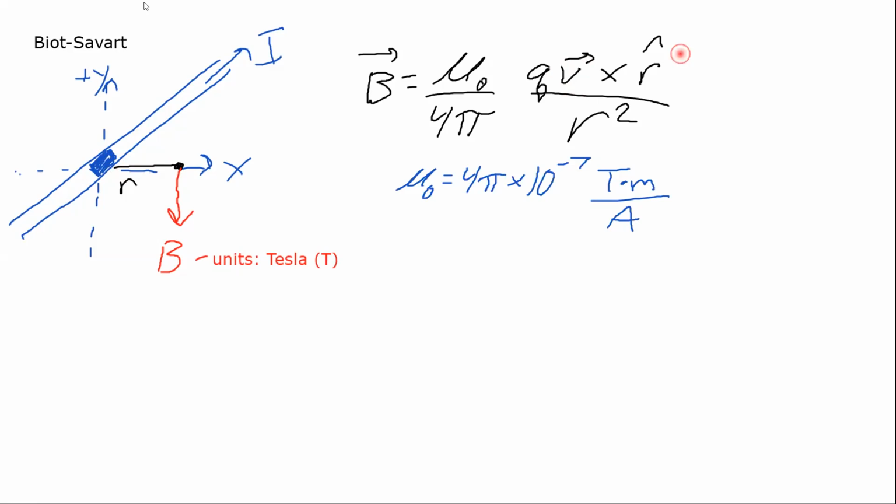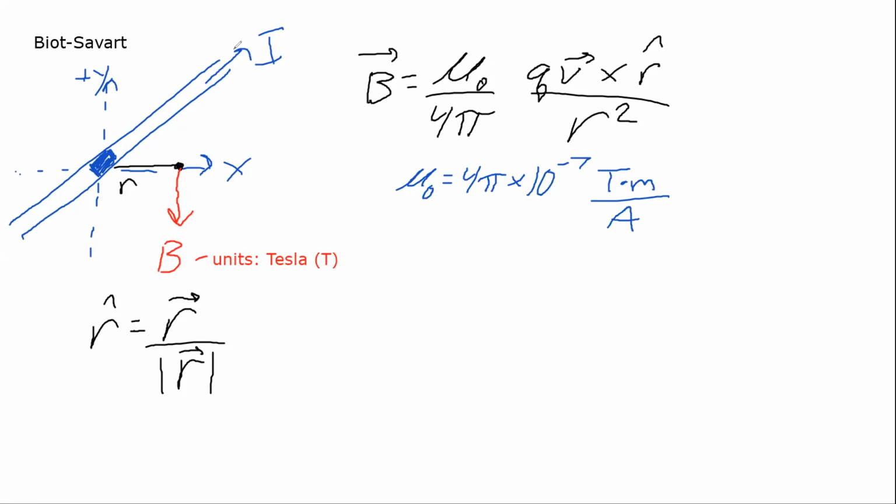And then we have r hat. Remember how we define unit vectors? r hat equals the vector r divided by the magnitude of r. That's my unit vector. A unit vector means the magnitude is going to be 1, and it really just gives you direction.